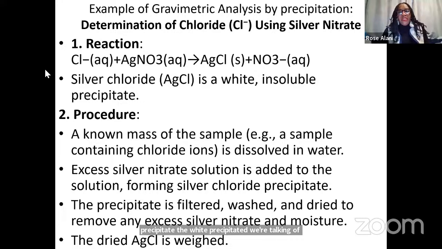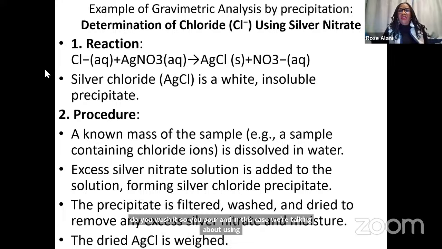The precipitate is filtered just like what I showed you before, using the Buckner funnel and the suction. Then it is washed and dried to remove excess silver nitrate and moisture. How do you wash it? In this case, we're using distilled water.